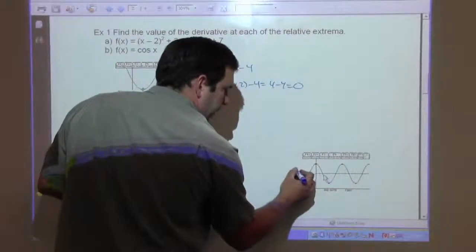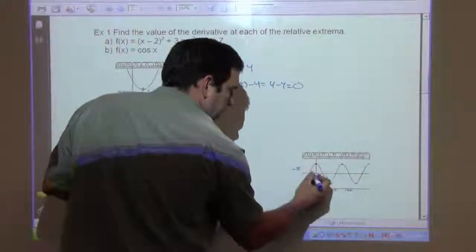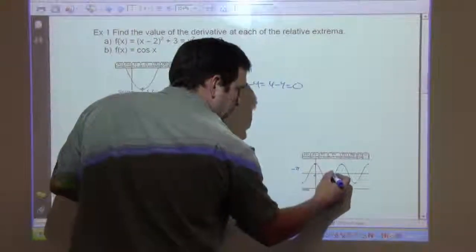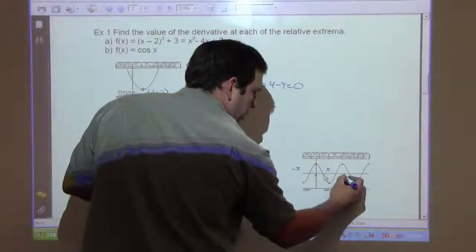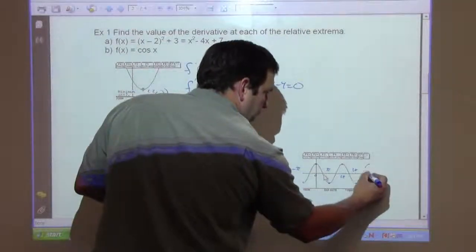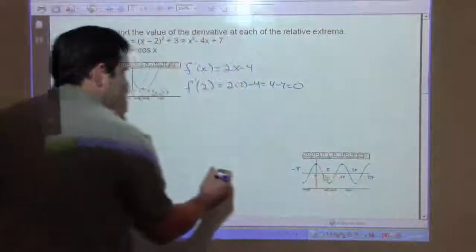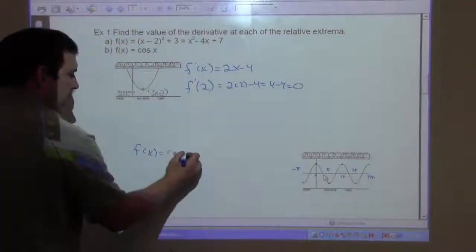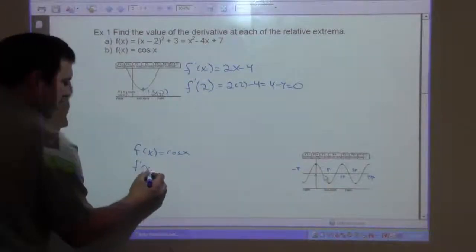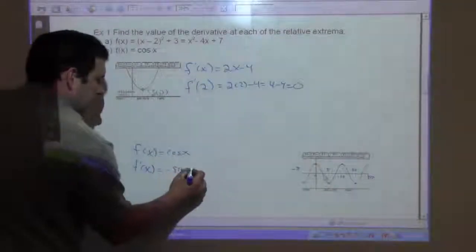So according to this graph, this would be negative pi, this would be 0, this would be pi, this would be 2 pi, 3 pi, and that's 4 pi. Let's see, so if our f of x in this case is cosine of x, f prime of x is negative sine x.